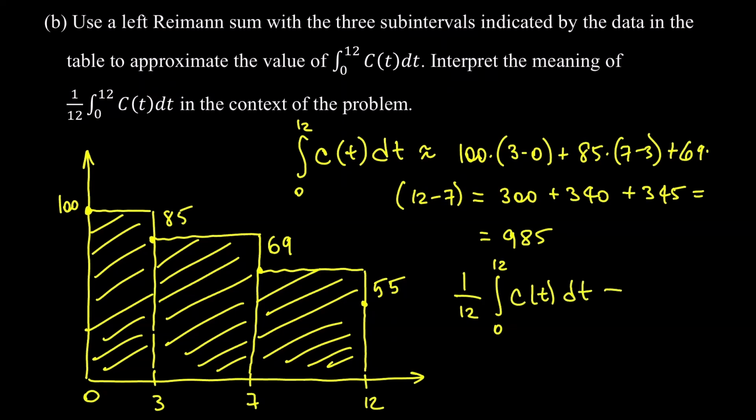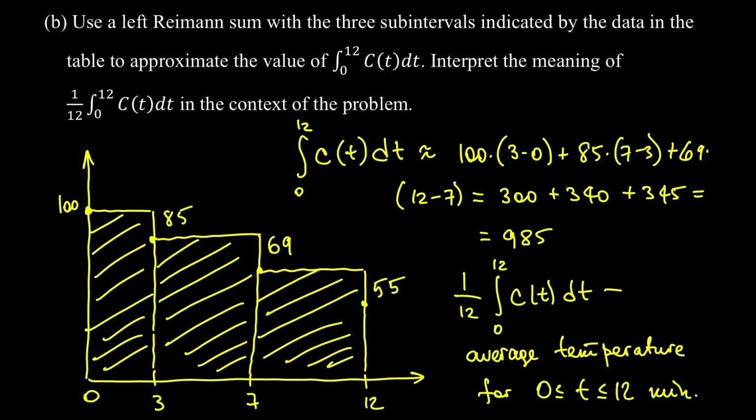The interpretation is that this is the average temperature for time t between 0 and 12 minutes, because this is the definition of the average value over this interval.